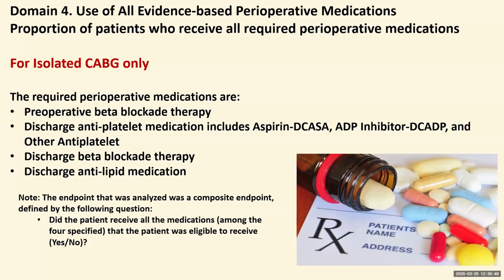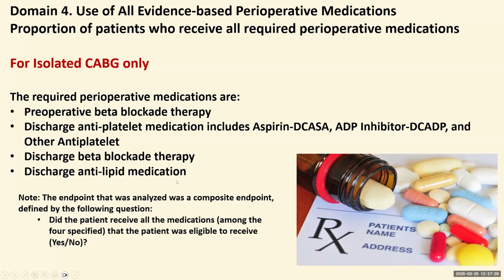Okay, domain 4, use of all evidence-based perioperative medications. This is for isolated CAB patients only. So the required perioperative medications are pre-op beta blocker therapy, discharge antiplatelet medication, which includes an aspirin, an ADP inhibitor, and or other antiplatelet, a discharge beta blocker, and a discharge antilipid, which basically is a discharge statin.